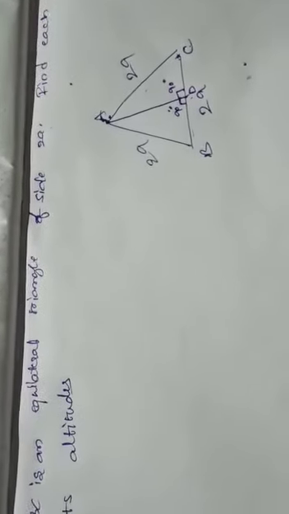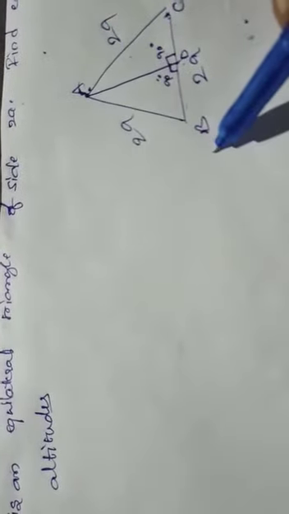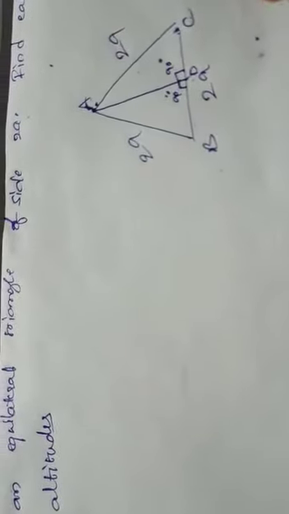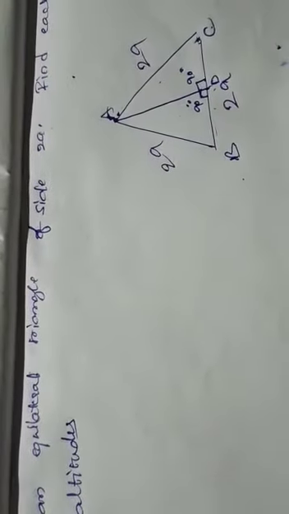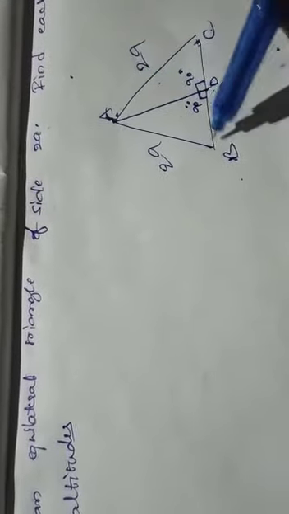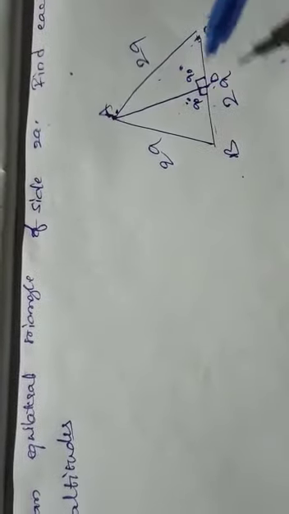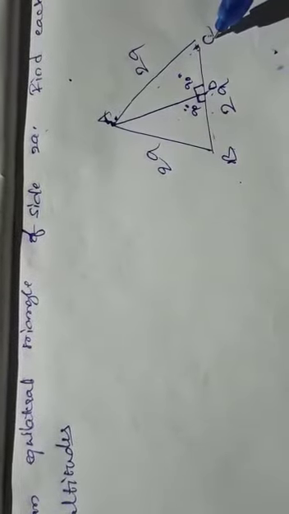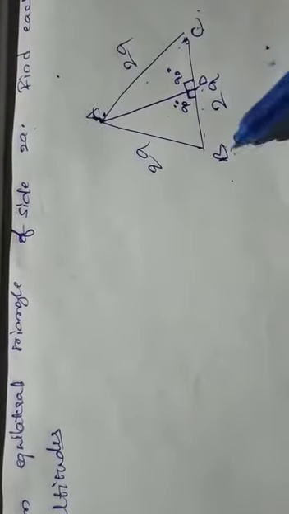Okay. See, triangle ADB. Here AD is the altitude of triangle ABC. Altitude divides the line segment into equal parts. Here the line segment is nothing but the base.